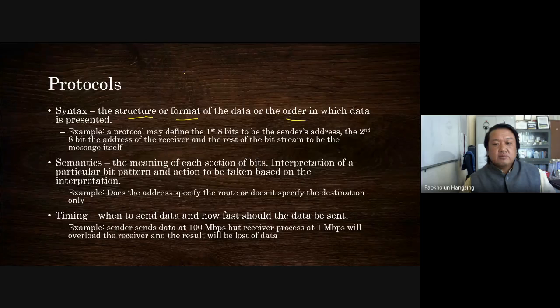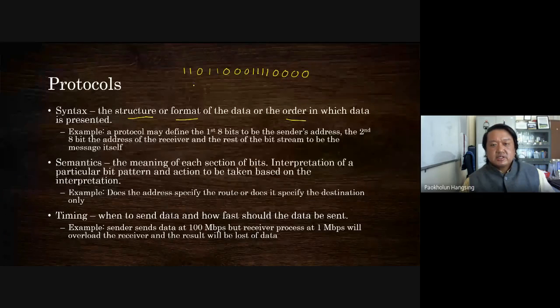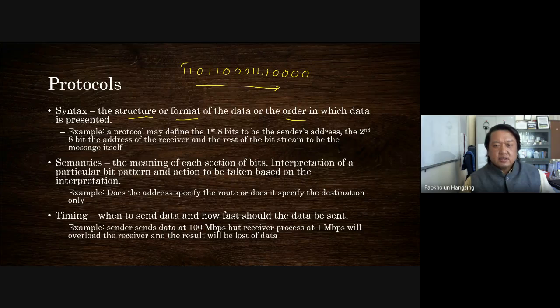For example, we have streams of bits, 1, 2, 3, 4, 5, 6, 7, 8, and then we may have 1, 2, 3, 4, 5, 6, 7, 8. For example, this is a stream of bits which has to be communicated. In this example, the protocol may define that the first 8 bits, that is from here to here, is to be the sender's address.